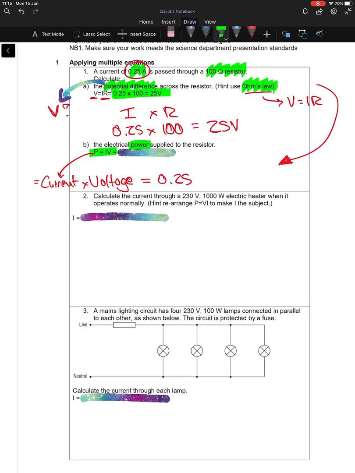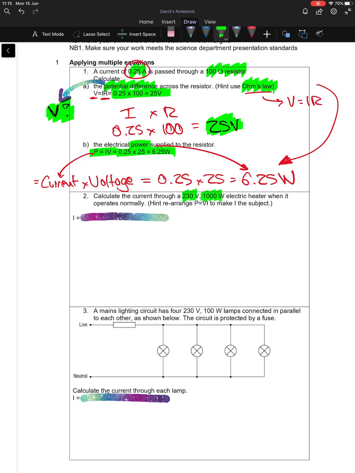That's right, 0.25 amps. What's our voltage? We've just worked it out, haven't we? 25. Times them together, give you 6.25. Now, if this is power, it's not amps, it's not volts, it's watts. Good. Make a note of those as we go through these examples.